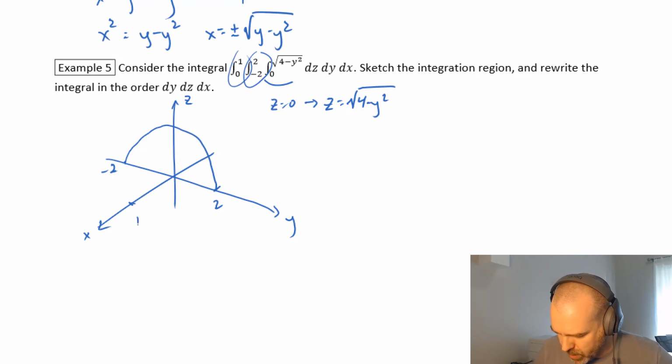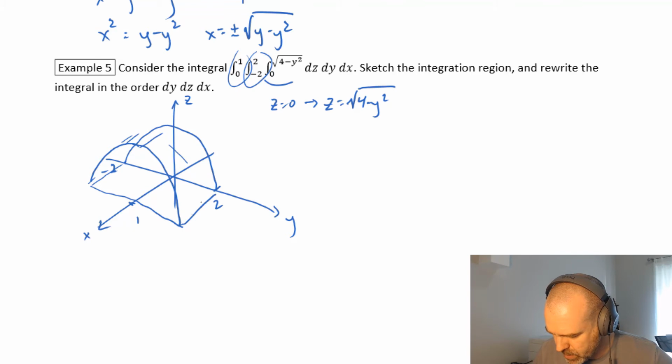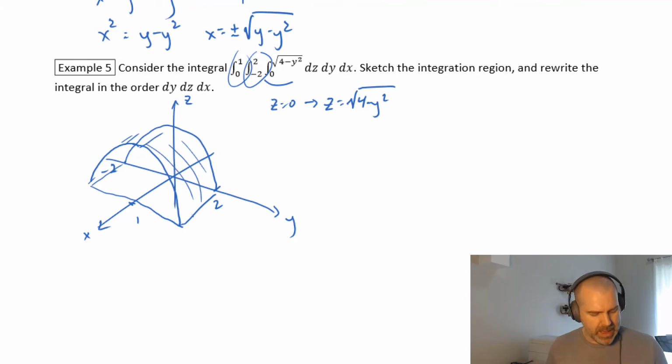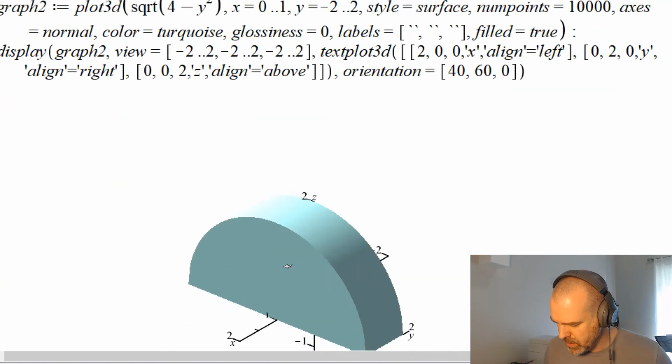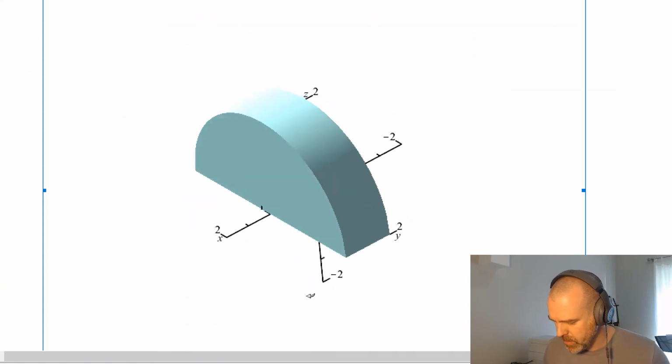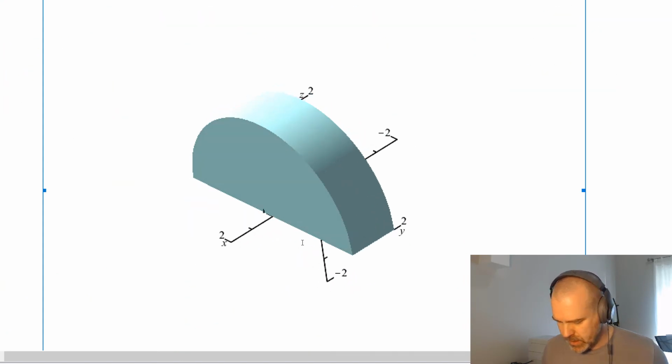I'm going to basically draw another one out here at 1. And so that's what we have, kind of like a speed bump. I think I did a pretty good job drawing that one. Looks pretty good. That's what we have. Nice.